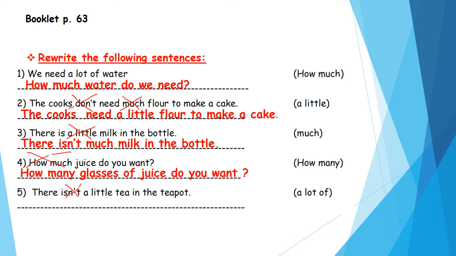We'll cross the negative to make the sentence in the same meaning, okay? But you know that a lot of comes with countable nouns, uncountable nouns, affirmative, negative, or questions, okay? But we cross not to make the two sentences have the same meaning. There isn't a little tea in the teapot. There is a lot of tea in the teapot. Okay, you understand? Okay, Super Junior 3.